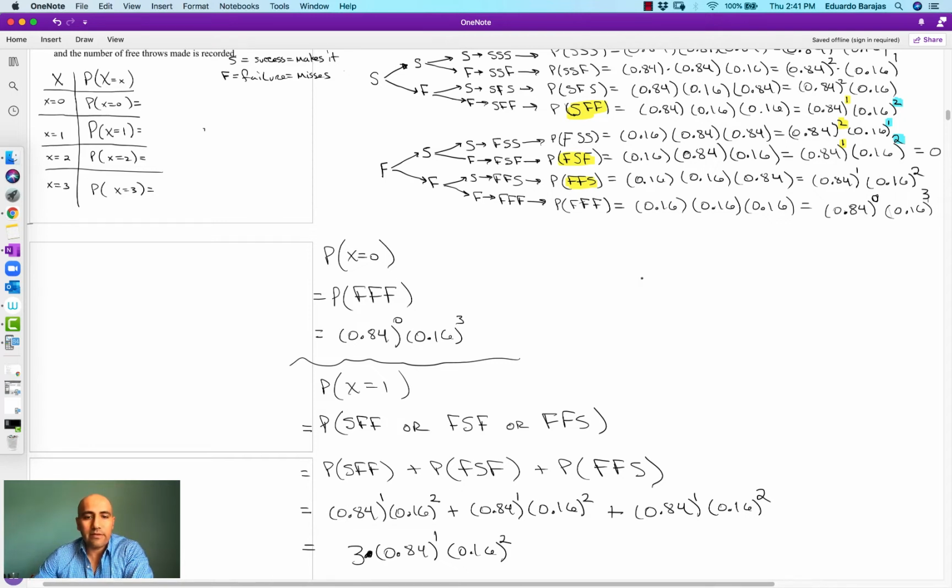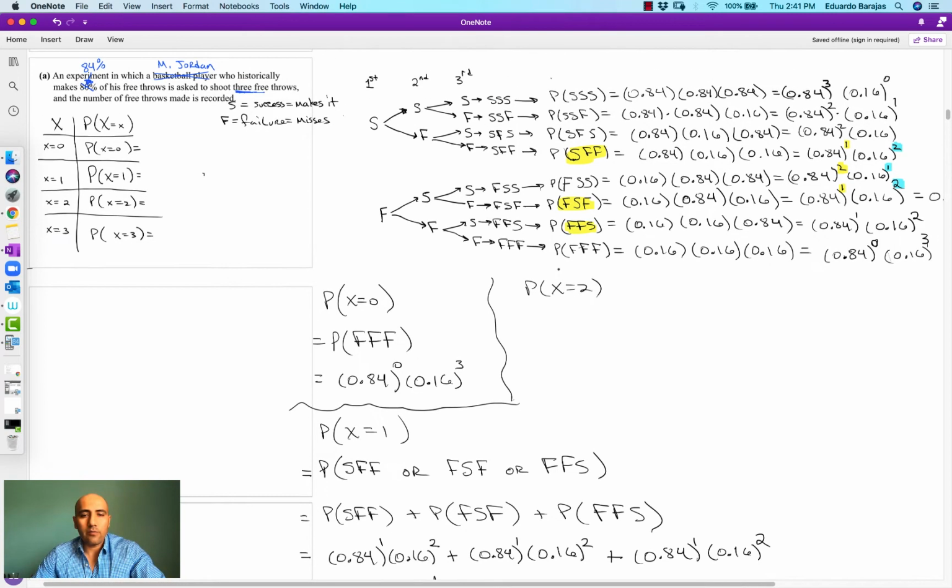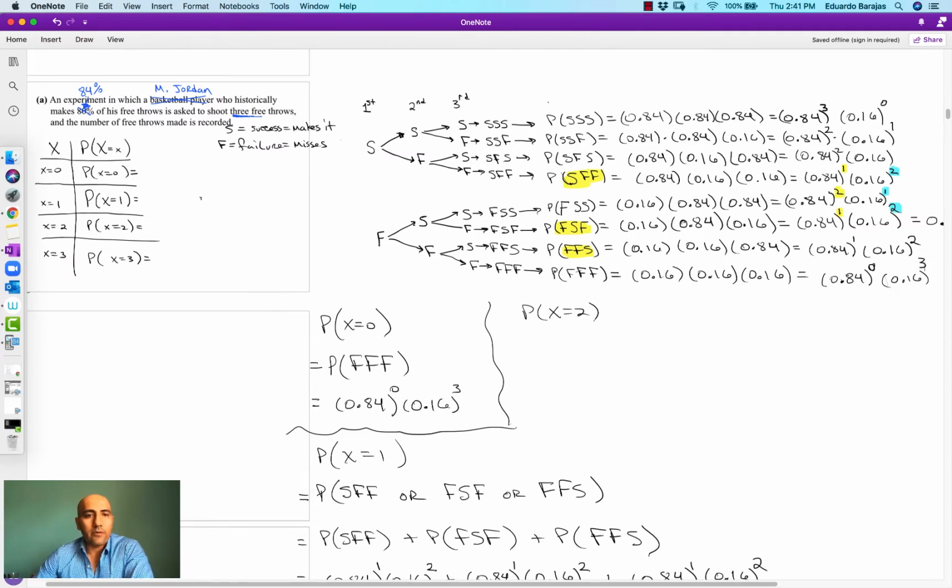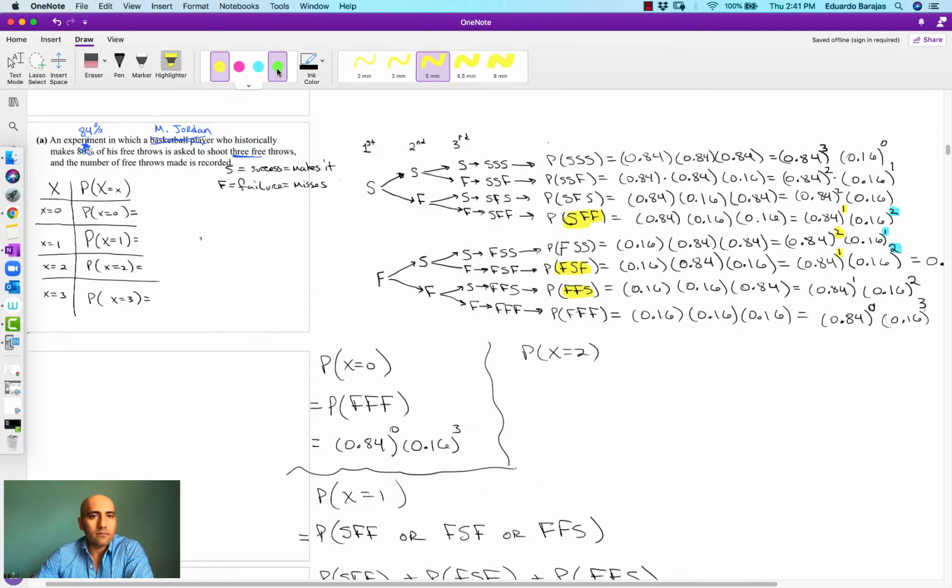Let's figure out the probability that x equals 2. Again, here the order doesn't matter, so we have to look at our table and figure out all the places where there were exactly 2 successes. Okay, well this one's a 2 success situation. Here's a 2 success situation. Here is a 2 success situation, and that's it.